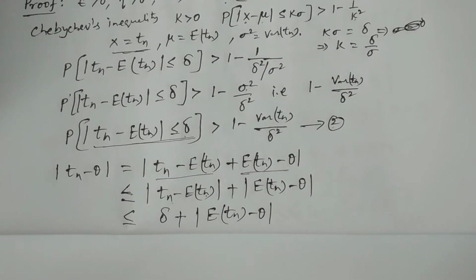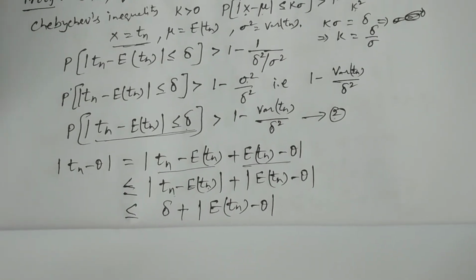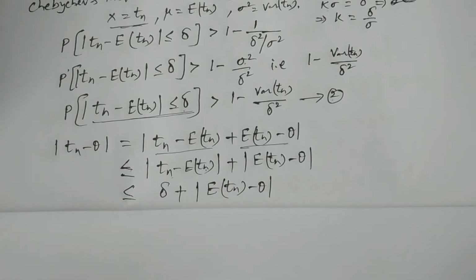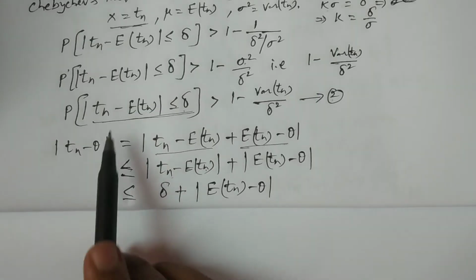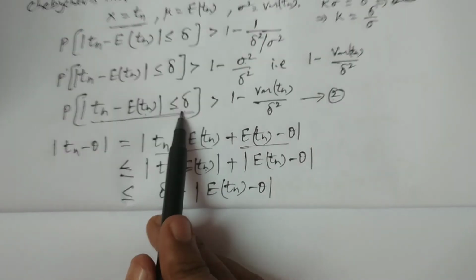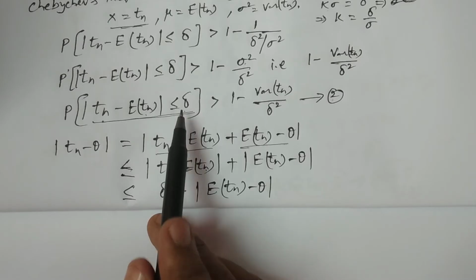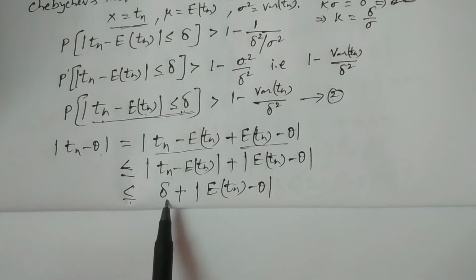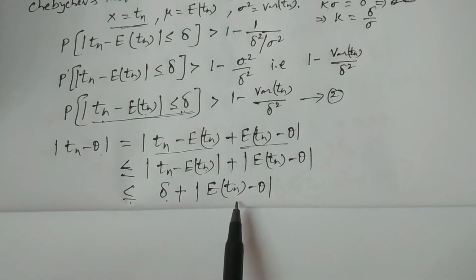If you compare these two, then you can easily observe that |Tn − E(Tn)| ≤ delta is contained in |Tn − theta| ≤ delta + |E(Tn) − theta|, right?